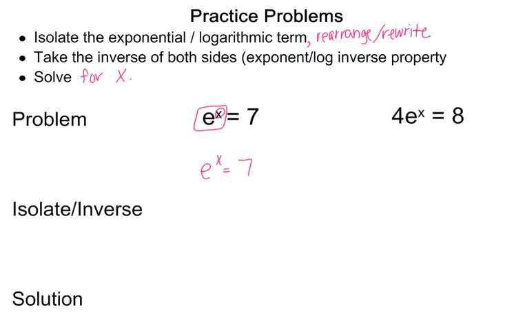I have an exponential thing. How do you cancel that? What's the inverse? You've got to take a log. With base e, I specifically need to take the natural log. So with my inverse properties, those will cancel. Of course, whatever I do to one side, I also have to do to the other. Keep your equation balanced. So we end up with x equals natural log of 7.